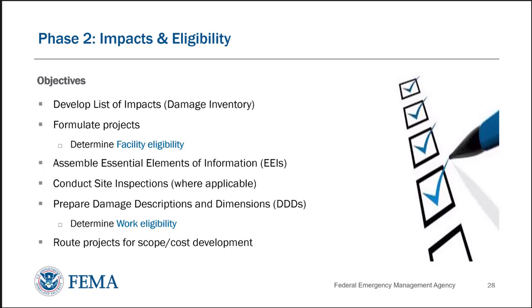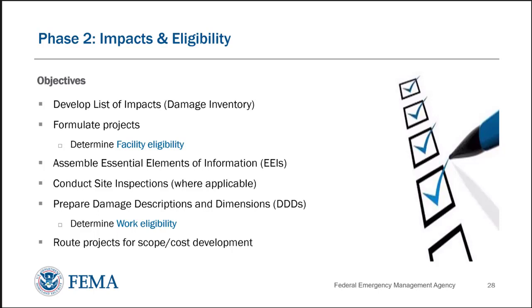So when we were talking about that eligibility pyramid, we've gone from having the applicant now deemed eligible, and now that applicant is looking at some of their facilities, the actual structures or the areas that felt the impact of that disaster event. So that facility now needs to be deemed eligible.